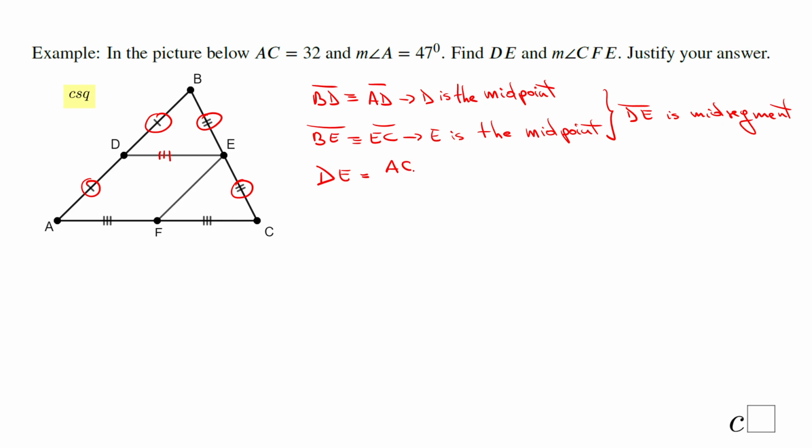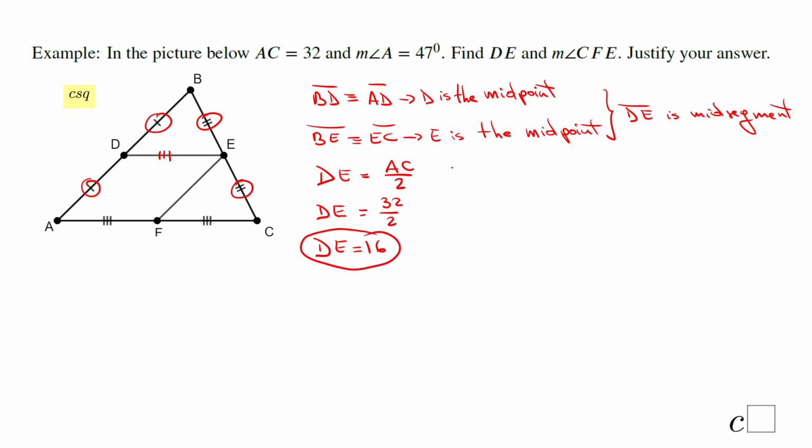That's what the previous theorem says, that the mid-segment is half of the third side, the opposite side. So in this case, DE will be half of 32, which means DE is 16.